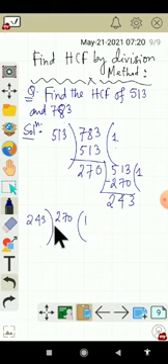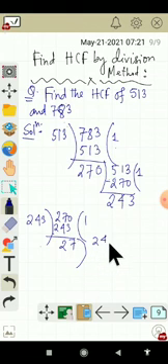One time 243, and the remainder is 27. So 243 divided by 27, how many times? 9 times, and the remainder is 0.